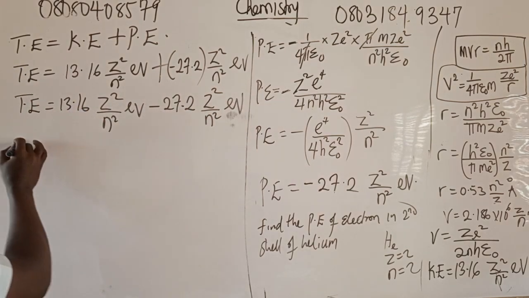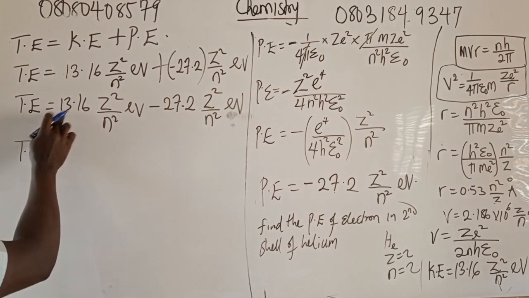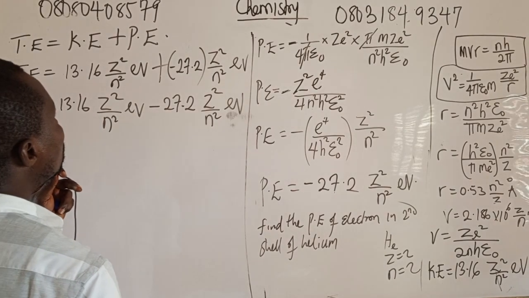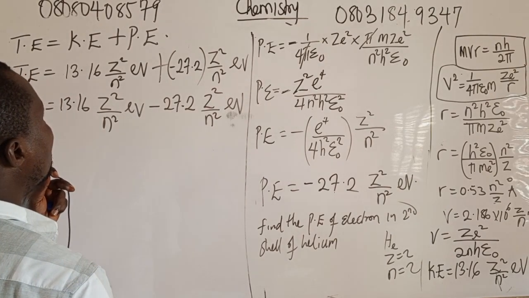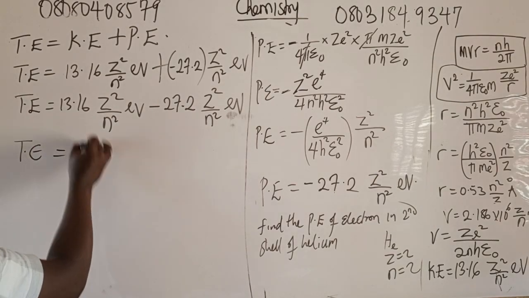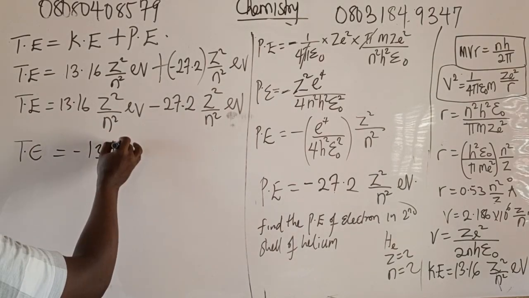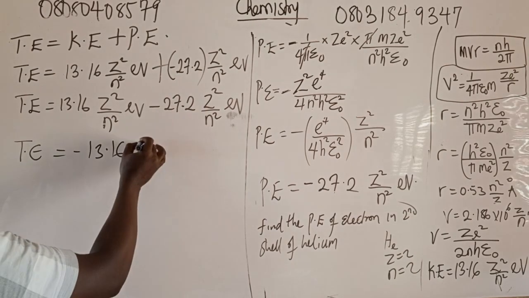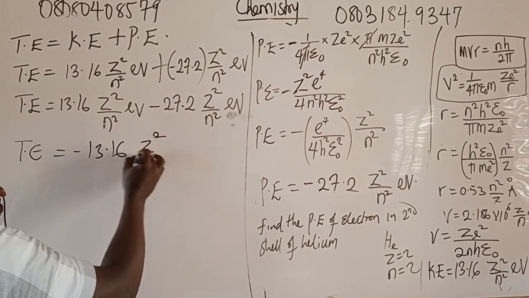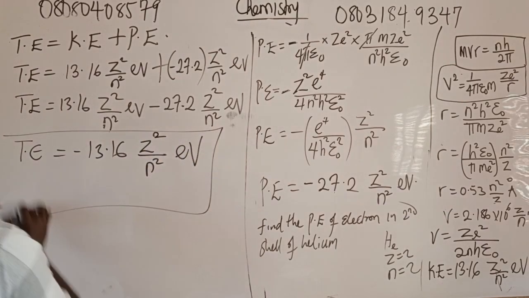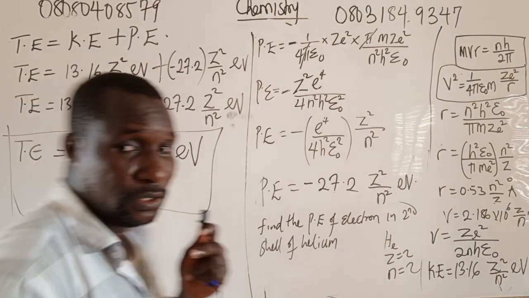These ones are the same. 13.6 minus 27.2 will give you minus 13.6. Collect it out: Z squared over n squared electron volt. That is the formula for total energy.